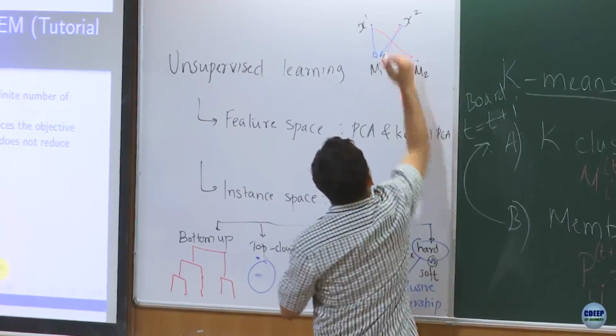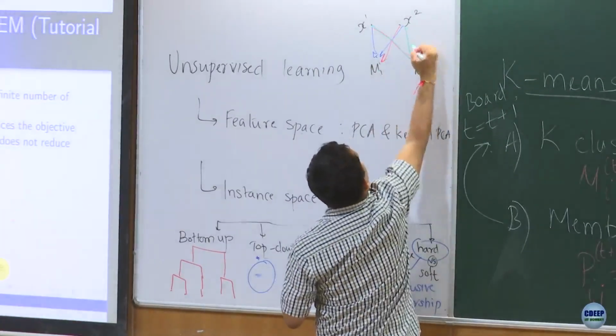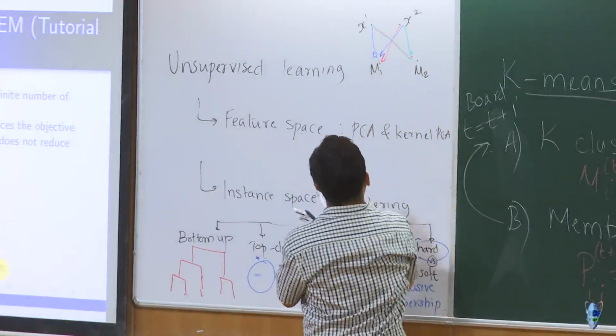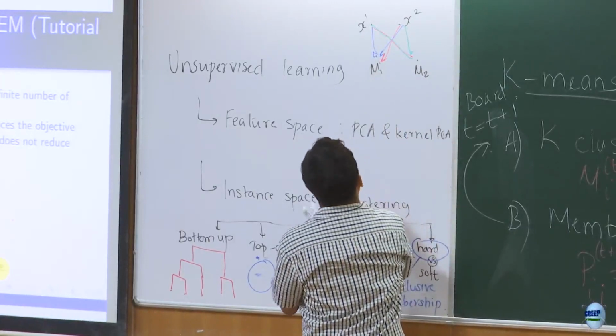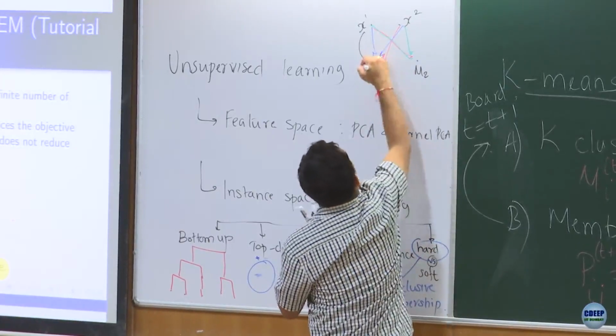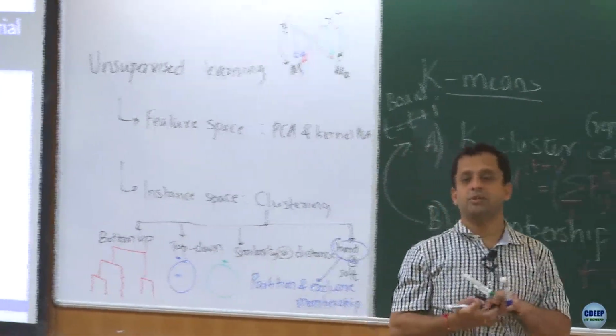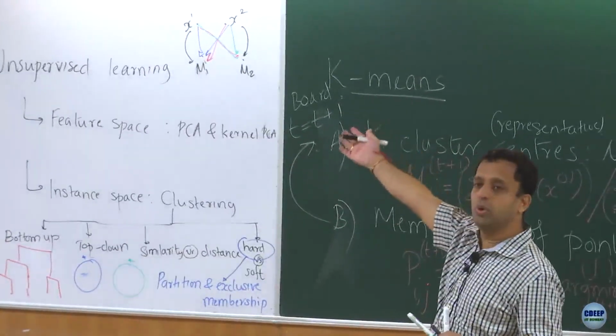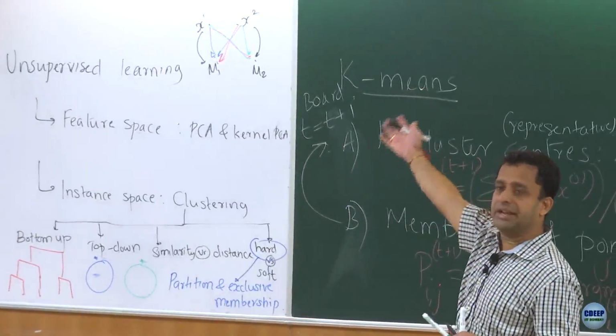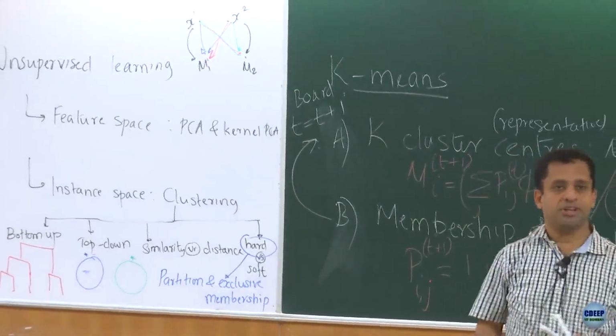These are the two possibilities. Or finally, it's possible that x1 goes to mu1 and x2 goes to mu2. Right? So there are exactly blue, green, red and black. Those are the only 4 possible configurations.